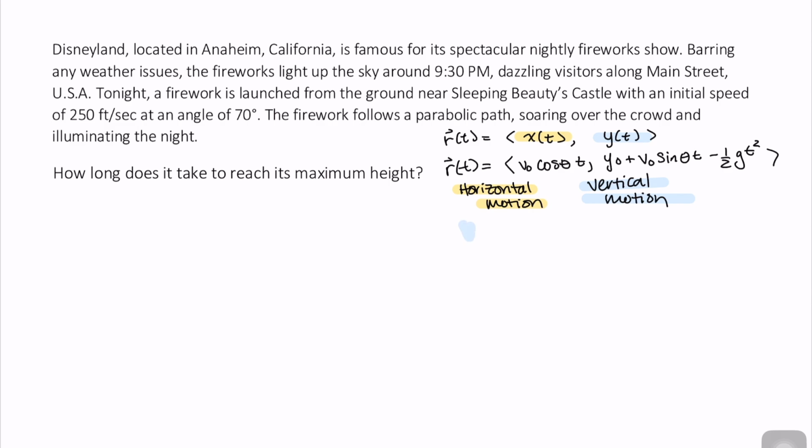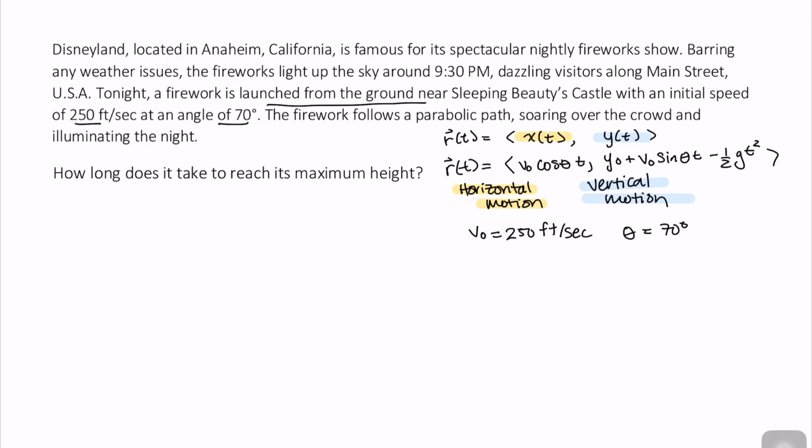We know that our initial velocity is 250 feet per second. Our angle theta is 70 degrees. And let's see, what else do we know? So we have this part, and it was launched from the ground. That's important.